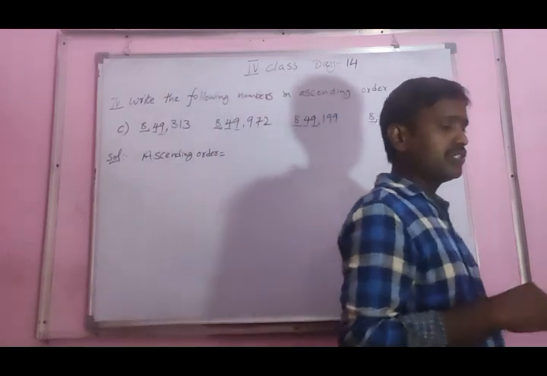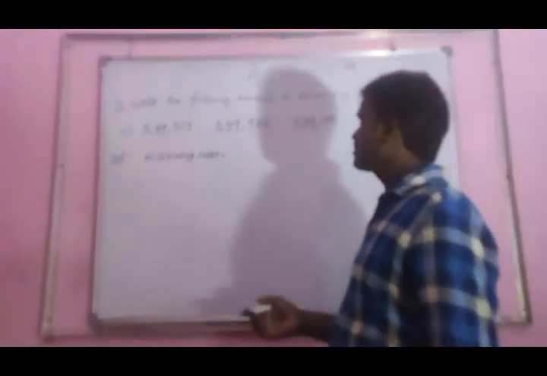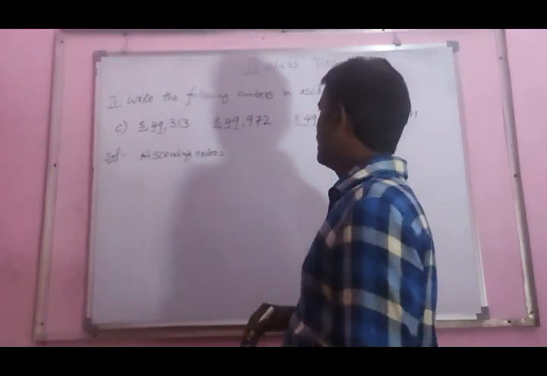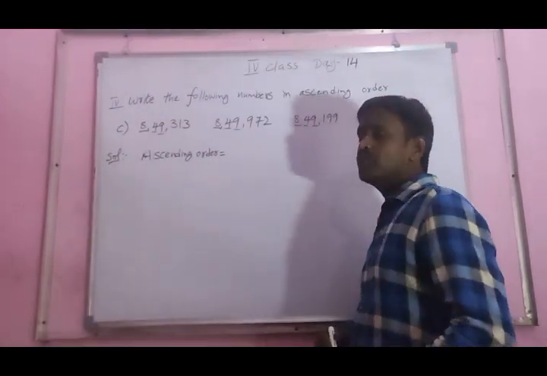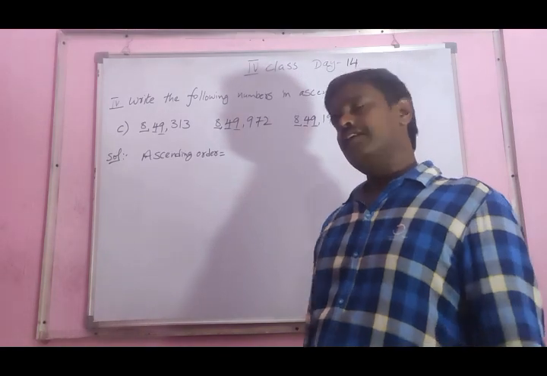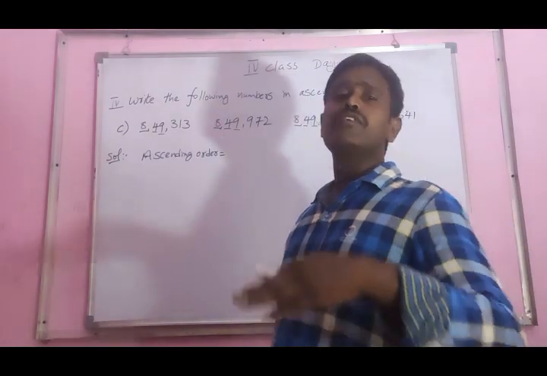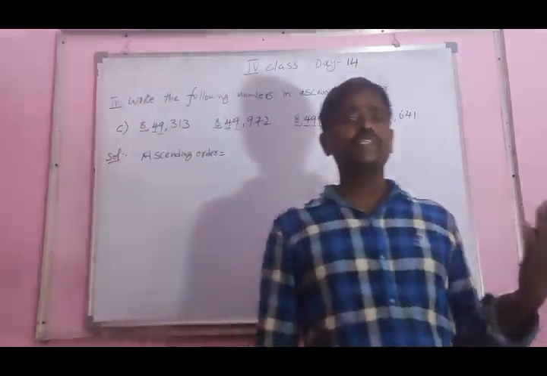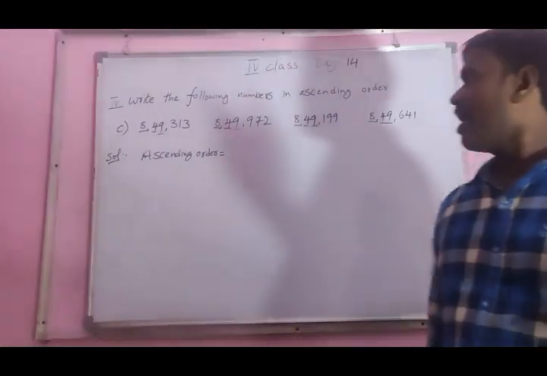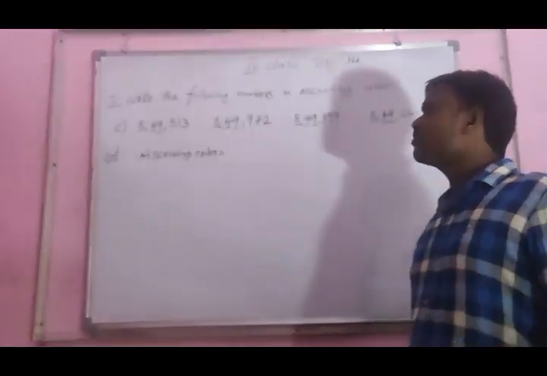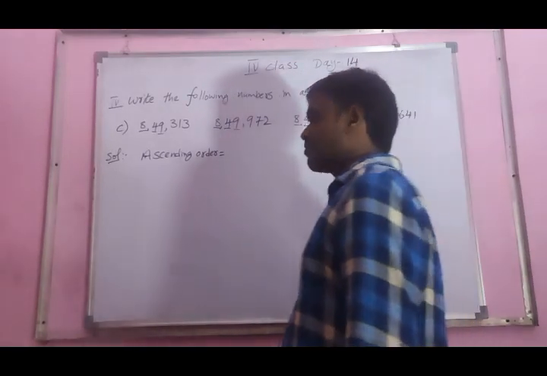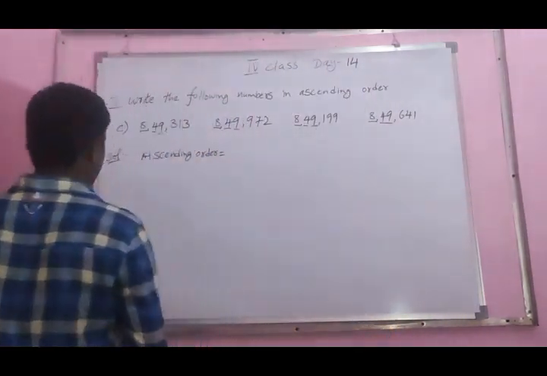Here also same. So what to do? Again we move to the next place to compare the numbers. That means the 100 place.